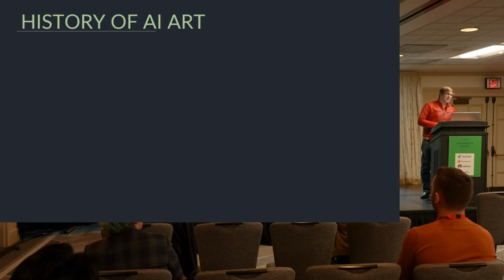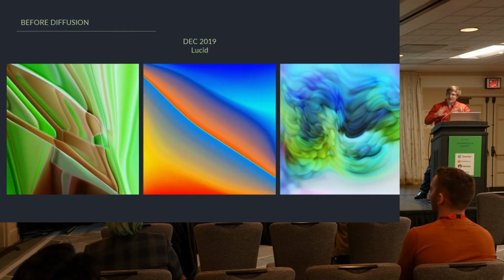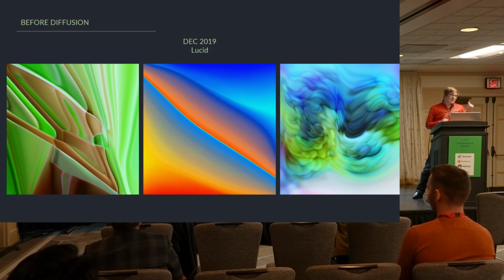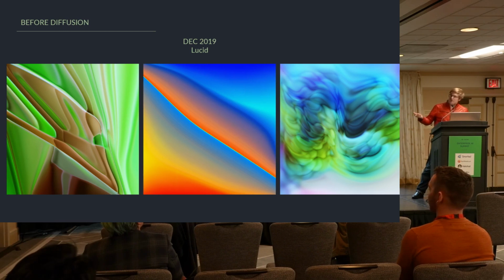Okay, so let's talk about the history of AI art. Way back in ancient history, long, long ago, before we had text to image, back in the dark ages of December of 2019, this was how you did AI art. You would select which part of a model you wanted to visualize, which specific neuron you wanted to visualize.